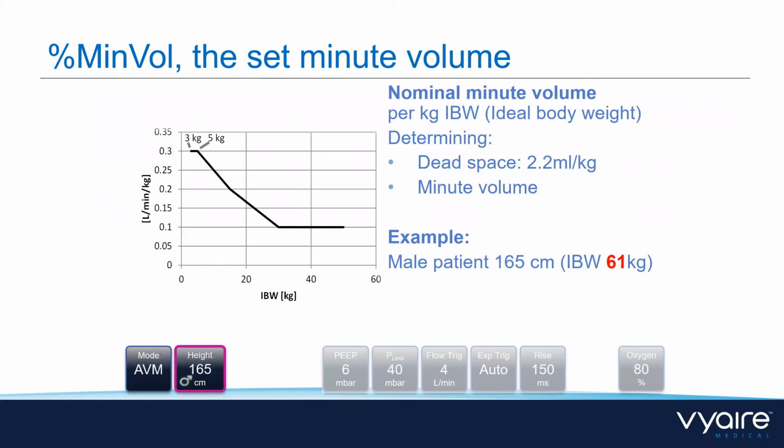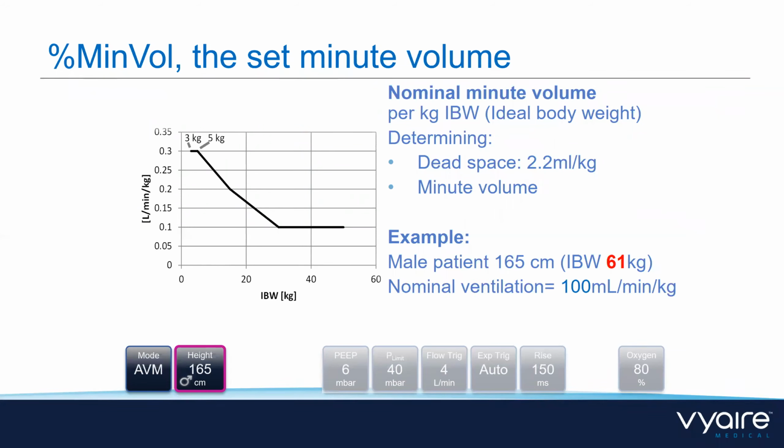So let's just calculate quickly. A male patient with 1.65 meters has an ideal body weight of 61 kilograms. We know from the graph that it's calculating with 100 milliliter per minute per kilogram. So that means the minute volume is 6.1 liters. It's quite easy to understand.